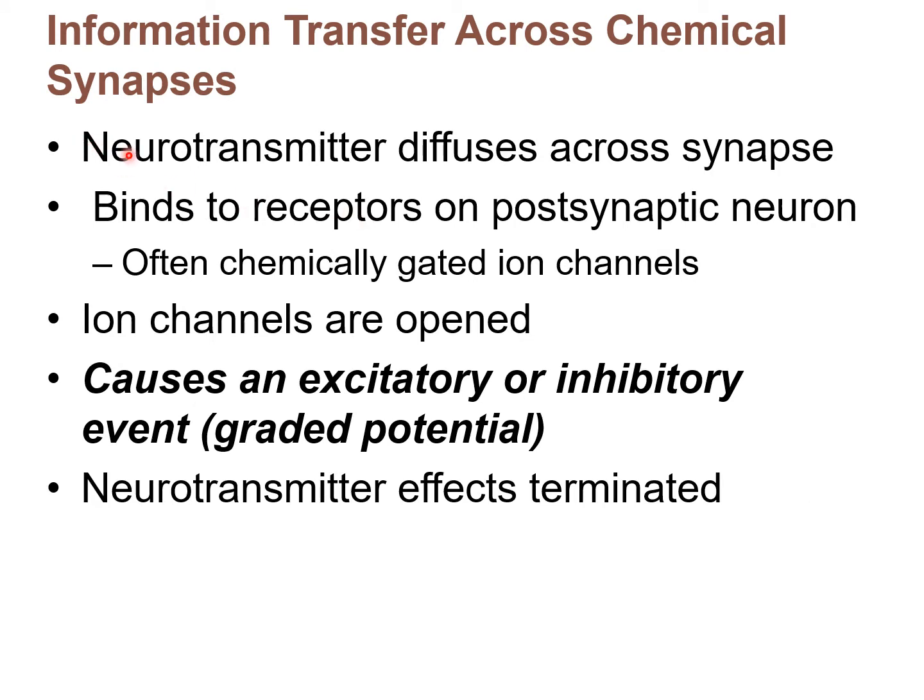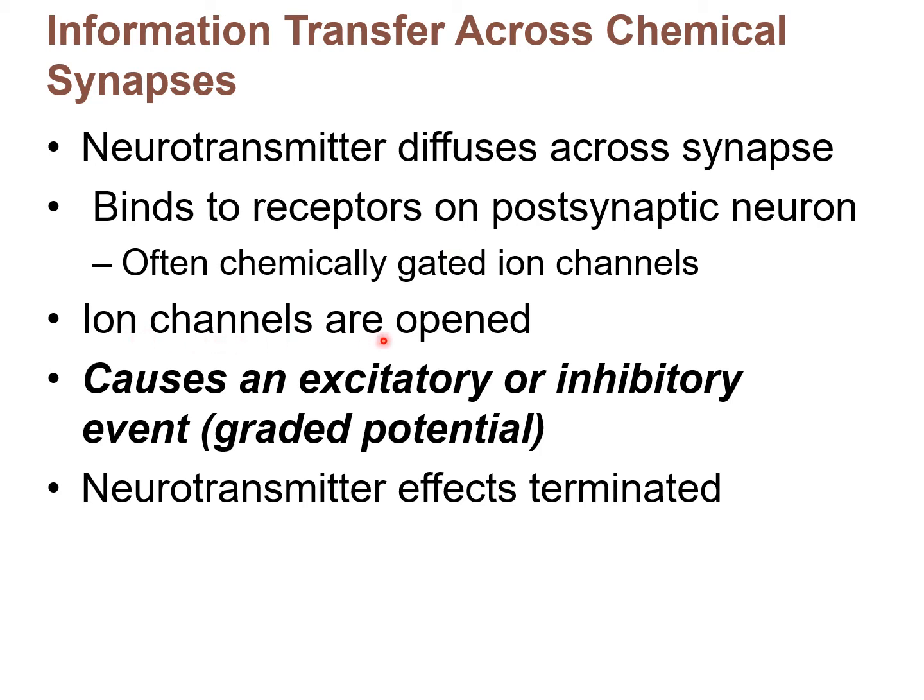And continuing the story, that presynaptic neuron released the neurotransmitter, which diffuses across the synapse, and I jumped the gun on the previous slide, but it binds to a receptor on the postsynaptic neuron. That opens up a channel, and since it's a neurotransmitter that caused a channel to open, it's a chemically gated channel.